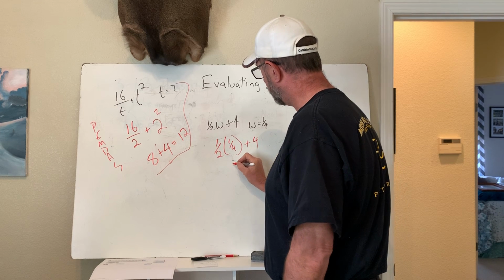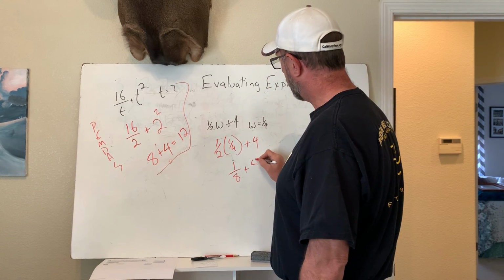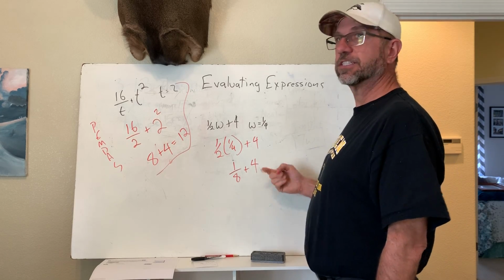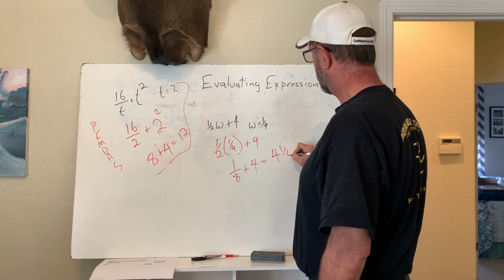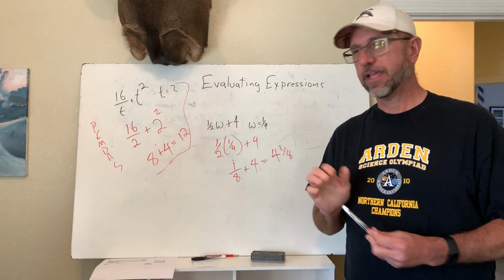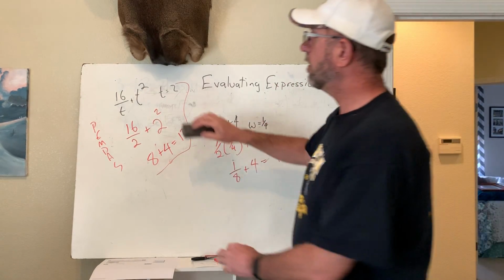So 1 times 1 is 1, 2 times 4 is 8, plus 4. Well, a fraction plus a whole number is just going to be 4 1/8.